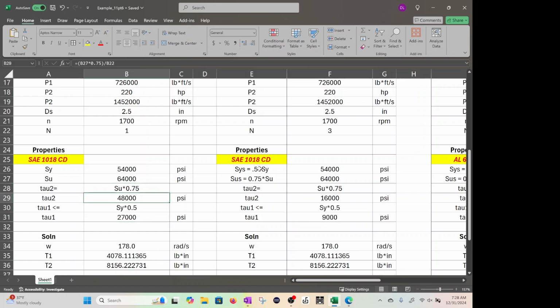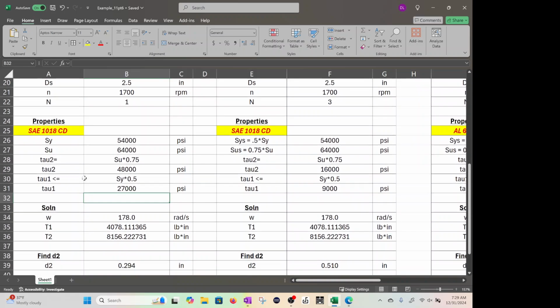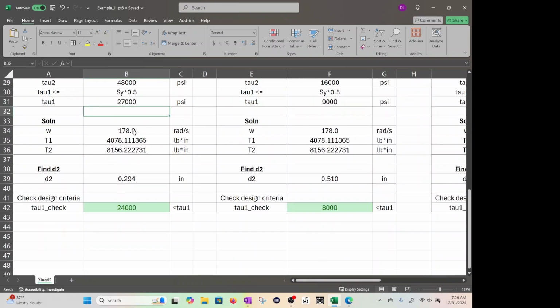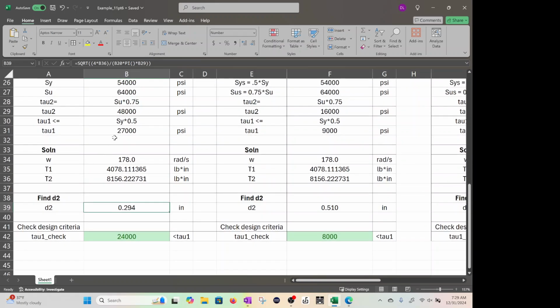So we have 48,000 for tau 2, 27,000 for that. Then the solution is down here. I converted the RPMs to omega. Here's our torque 1, our torque 2, and then I found the diameter based on our tau 2 that's above. And then I checked. I wanted to make sure that this was lower than this number. Okay, so it's green.